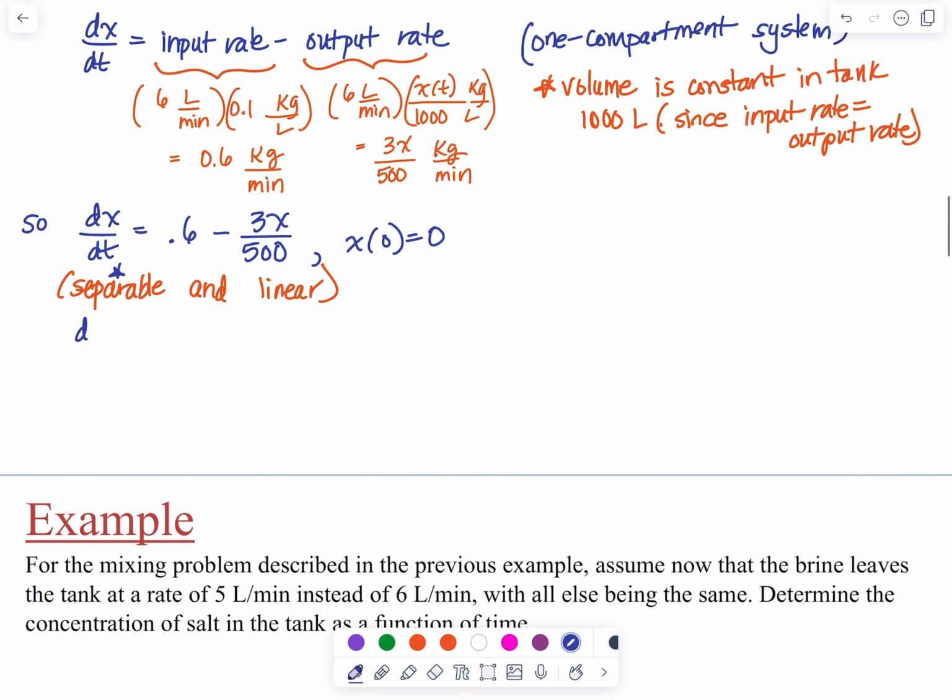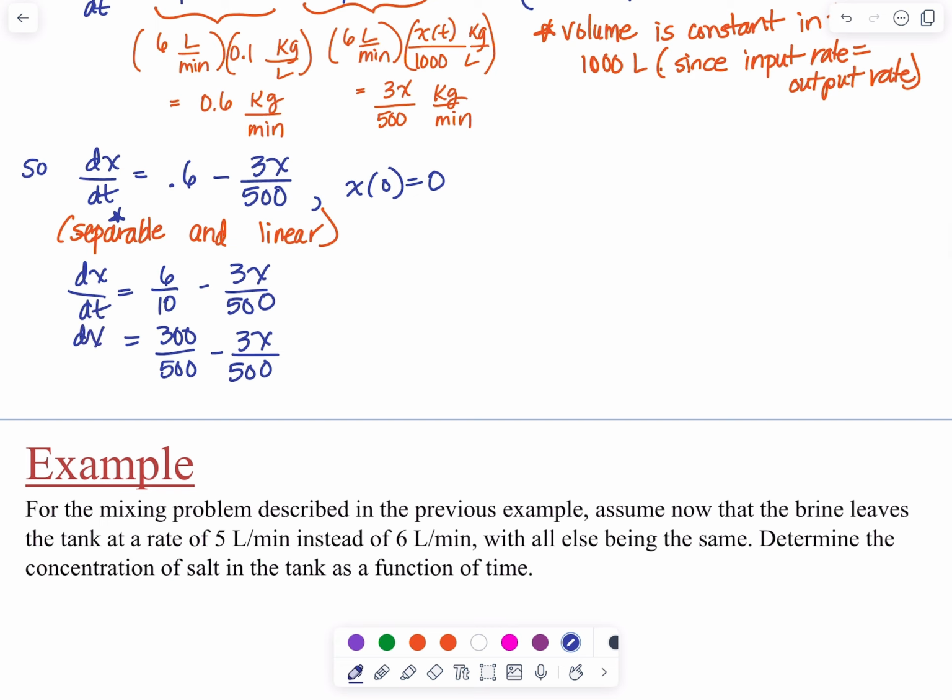So if we do that, we will have dx/dt is equal to 6/10 minus 3x over 500. And of course, we come up with 300 over 500 minus 3x over 500. And we have dx/dt equal to 3 over 500 multiplied by 100 minus x.